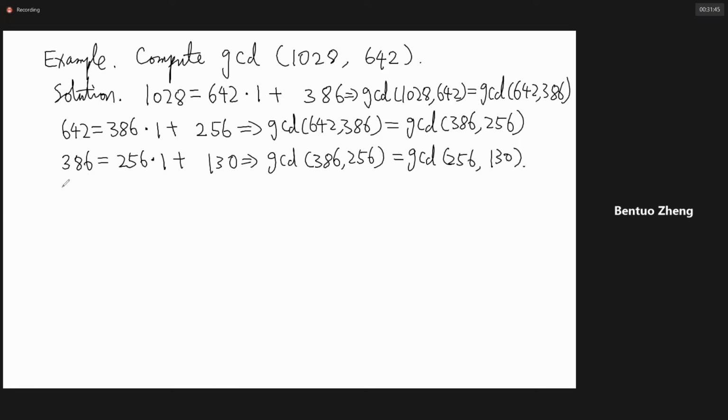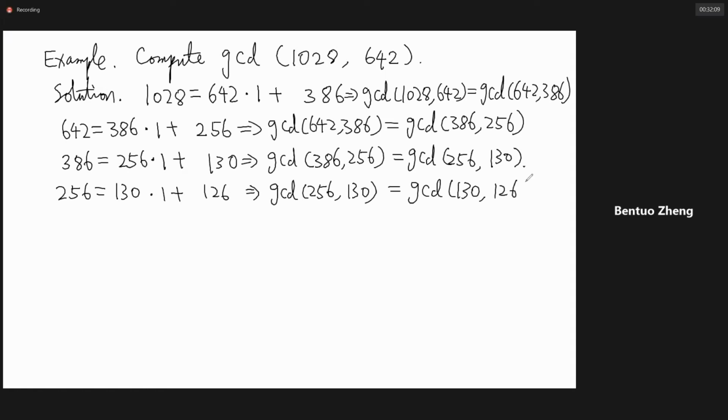And let's keep doing this. 256 is equal to 130 times 1 plus 126. So this implies the greatest common divisor of 256 and 130 is equal to the greatest common divisor of 130 and 126. And then 130 is equal to 126 times 1 plus 4.